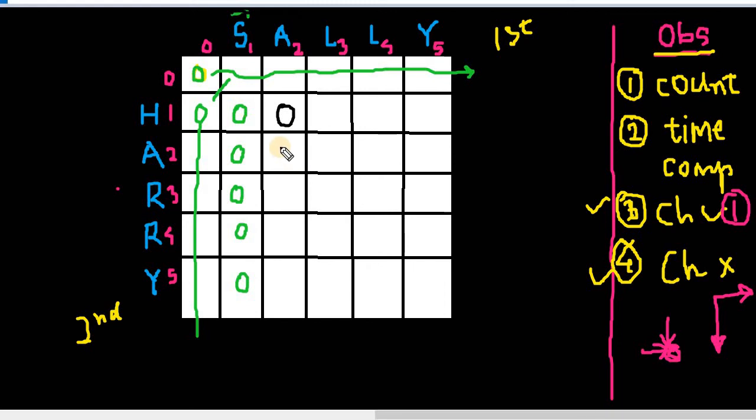Here it is 0, so this will become 1. After this A and R will be compared, and there is no match, so we'll check these two values, and whichever is the higher will be copied. Similarly A and R no match, so we'll compare these two values, and the maximum value will be copied. A and Y are not the same, so the maximum value will be copied. So A is done.